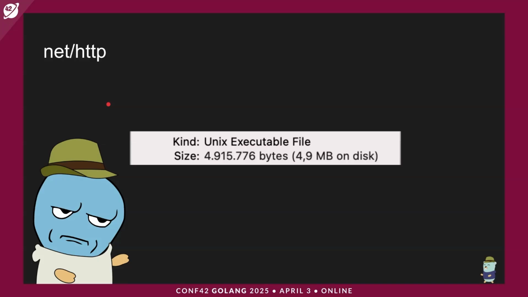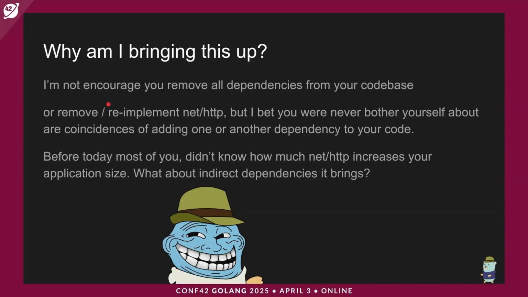And why am I bringing this? I'm for sure not encouraging you to remove all your dependencies from the code base, and I'm not encouraging you to remove or implement net HTTP on your own to have zero dependencies and very light code.